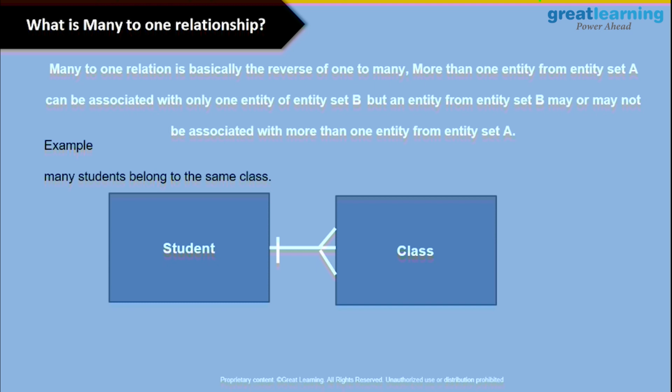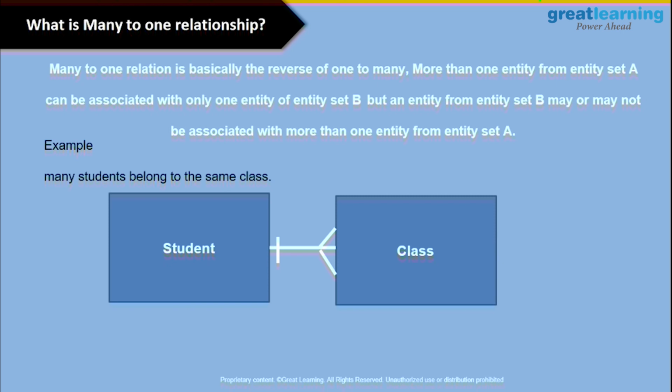More than one entity from entity set A can be associated with only one entity of entity set B, but an entity from entity set B may or may not be associated with more than one entity from entity set A. I can understand this is confusing, but let me give you an example.